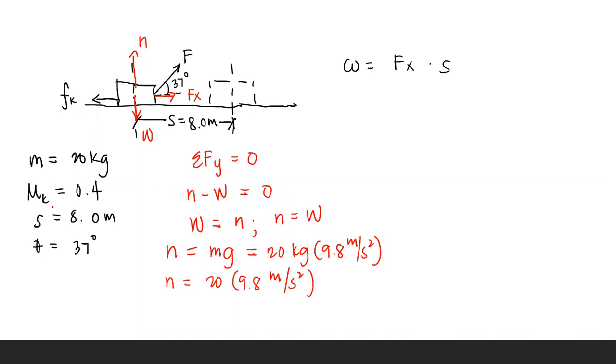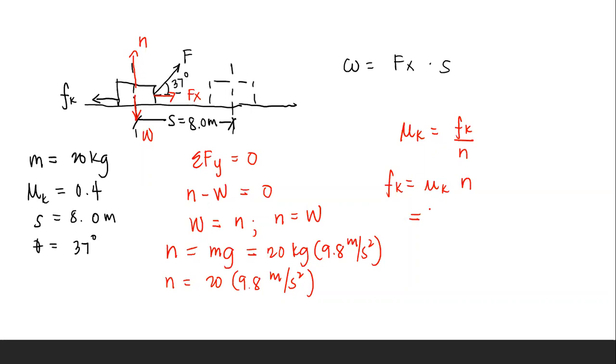Now, from the formula of your mu k is equal to Fk over the normal, Fk is equal to mu k times the normal force.